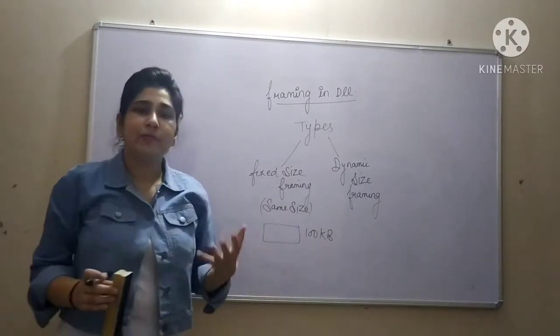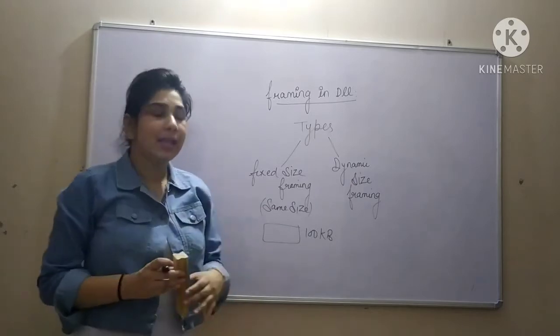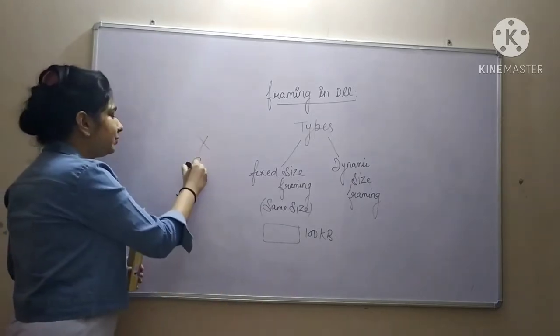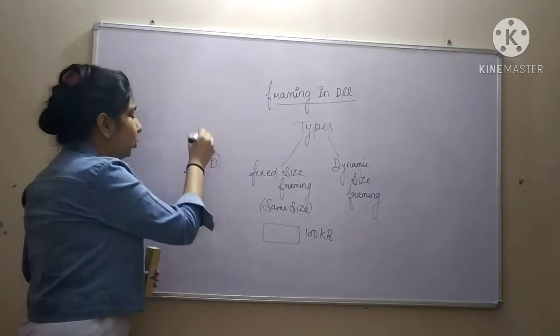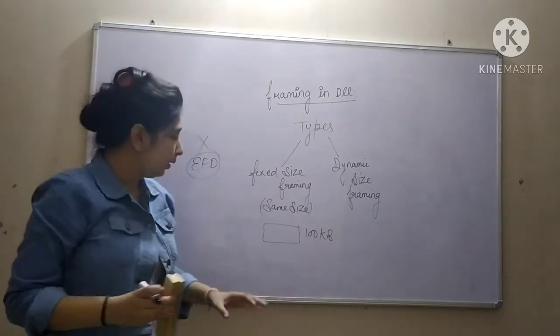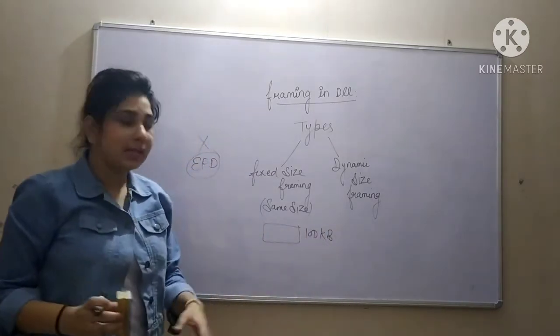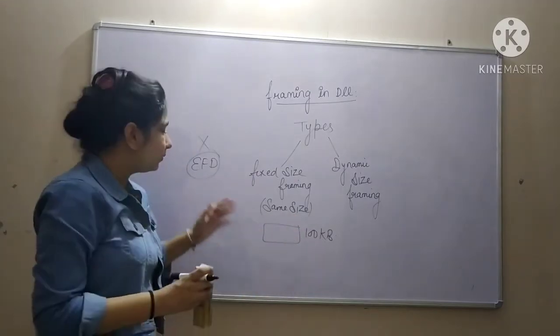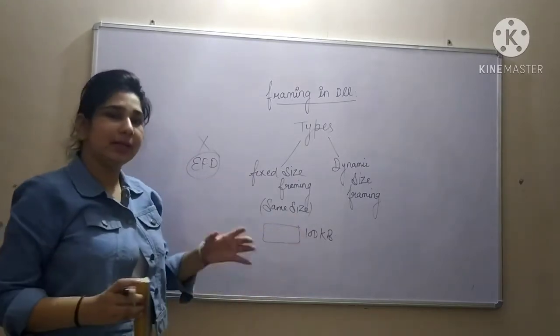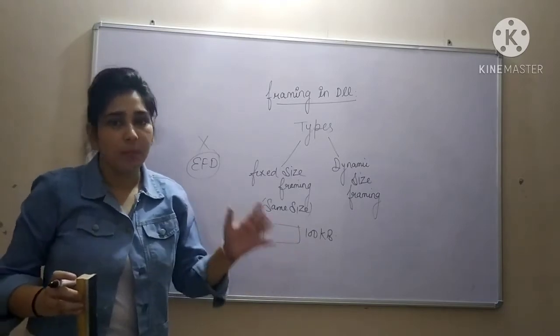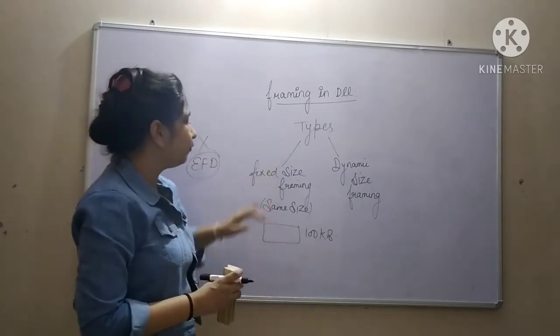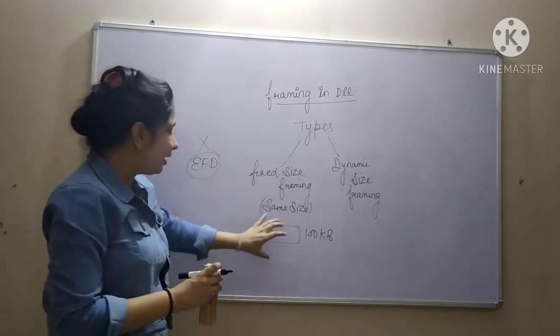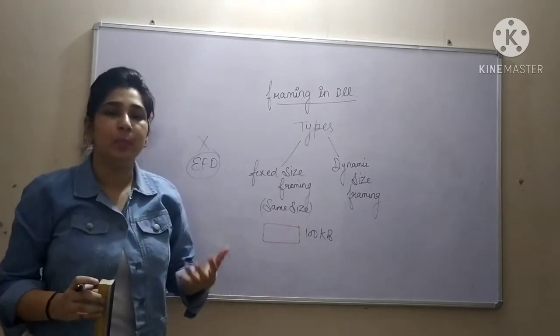If all the frames have the same size, then you really don't need to use the end frame delimiter. You can count the bits. With the help of counting bits, you can determine that the frame ended at this particular point. That is fixed size framing, where each frame has the same length.